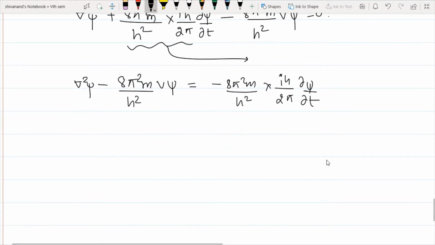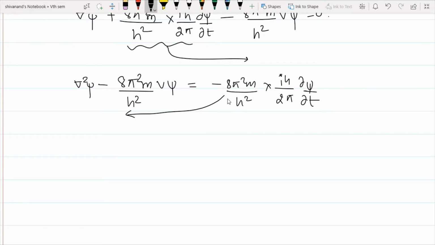Right. So then if I rearrange these equations, I need to remove this term.